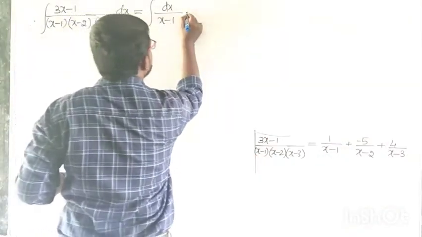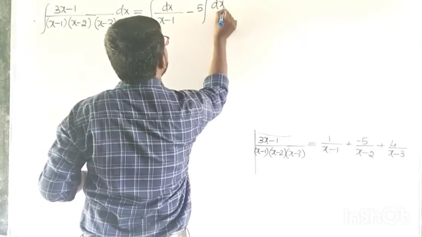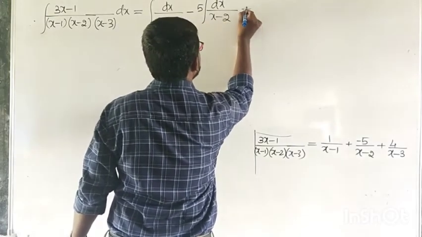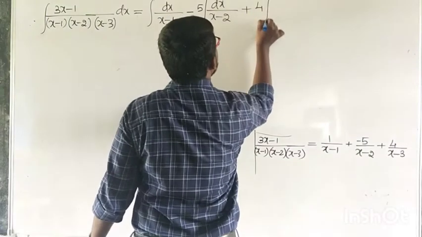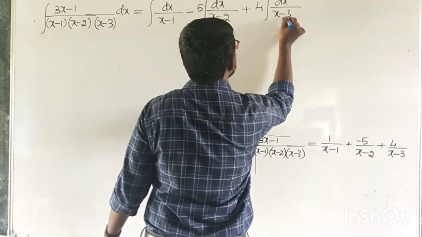So minus, I write 5 outside the integral now. It becomes integral dx upon x minus 2, plus 4 is a constant, right, outside the integral. We get integral dx upon x minus 3.